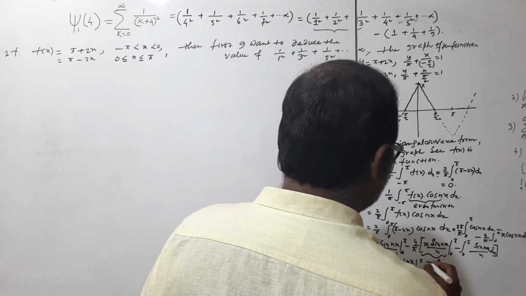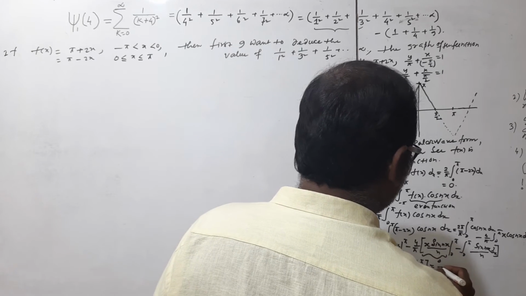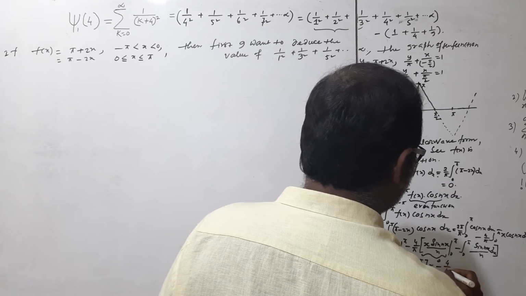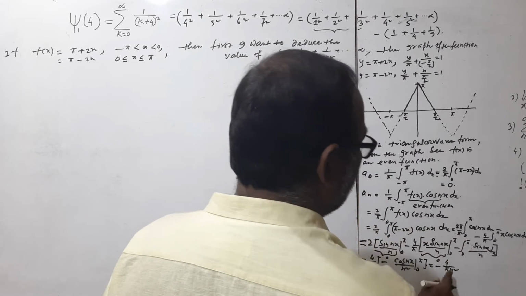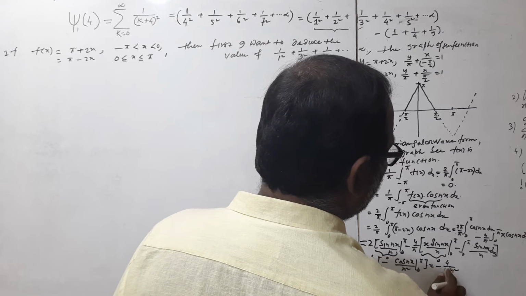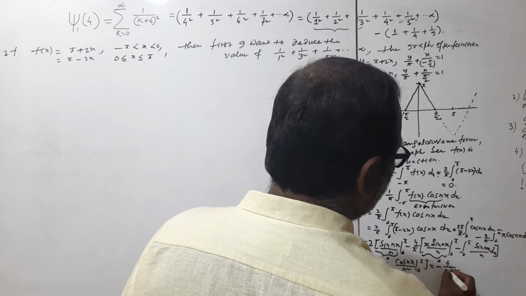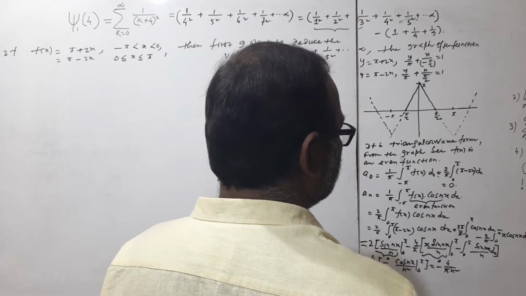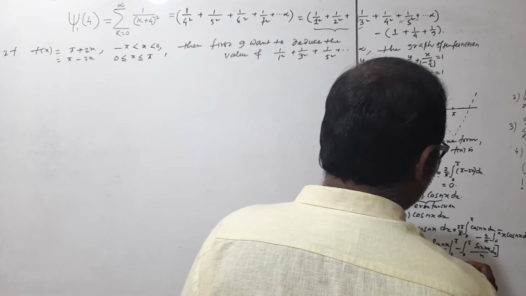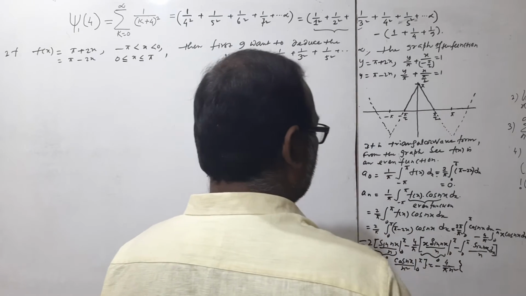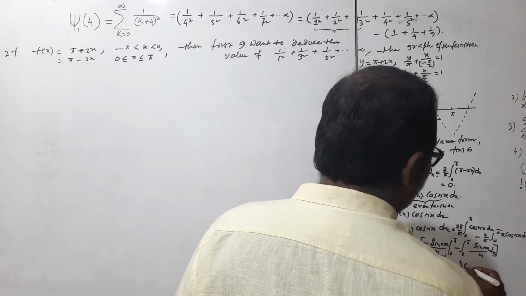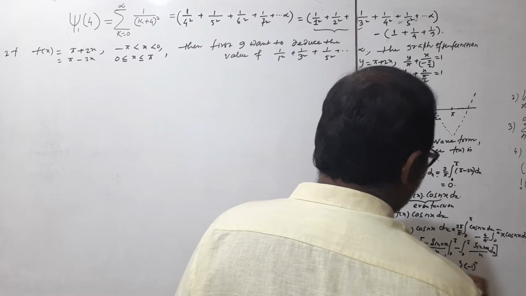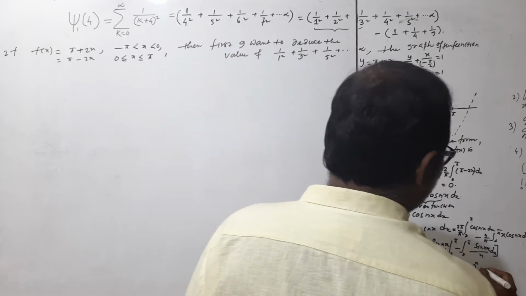So this is here minus 4 by pi n square, and the value of cos nx, if we put pi, it would be minus 1 whole to the power n. If we put 0, then we get 1.